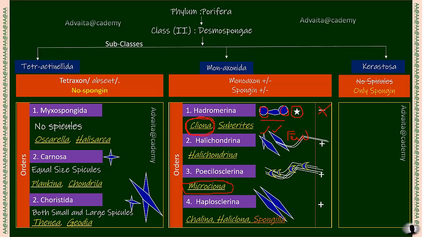In Haplosclerina, there are long axonoid spicules. I have not drawn the spongine fiber here, but there are so many spongine fibers in this also. So spongine fiber is there and only long spicules are there.